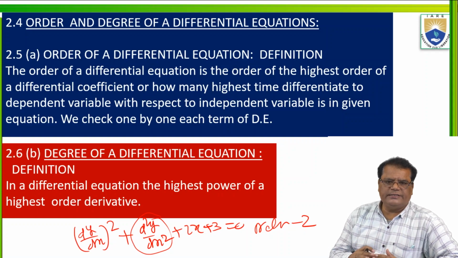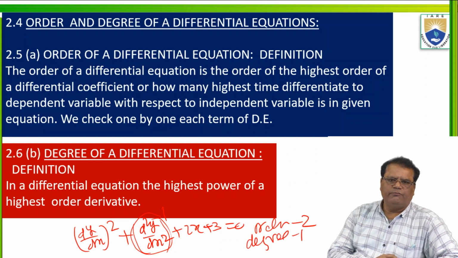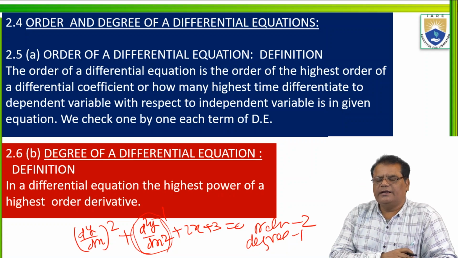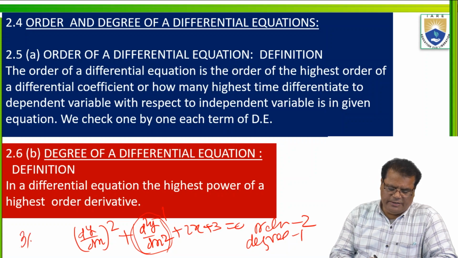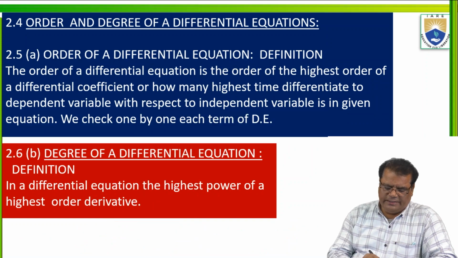Now next, what is degree? Degree means we check the power of the highest order derivative. So the power of this derivative is 1. So degree is 1. One point to note is that when we are checking the order and degree, there will be no power in fraction. Fraction means 3 by 2, 1 by 2, 1 by 3.